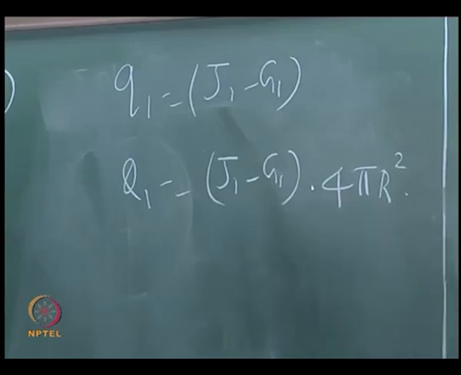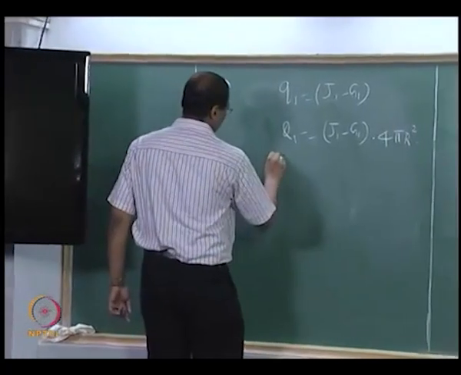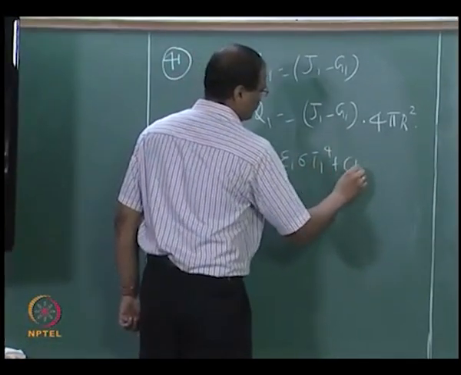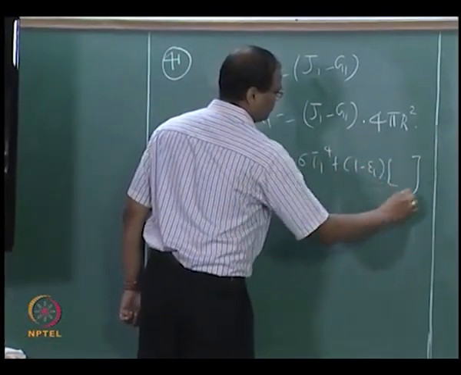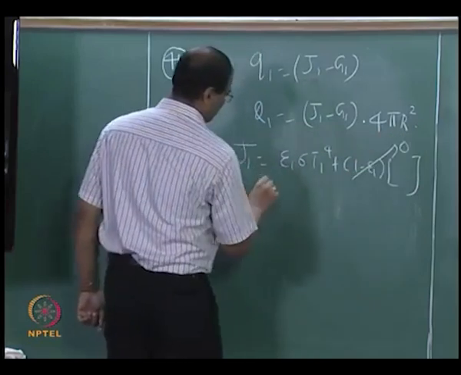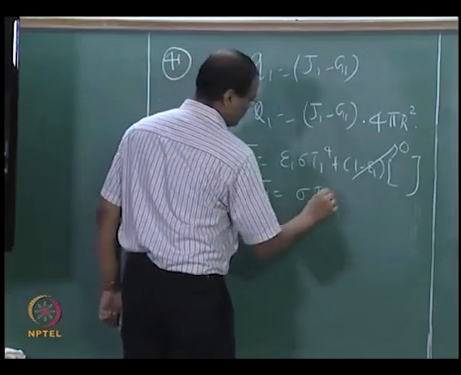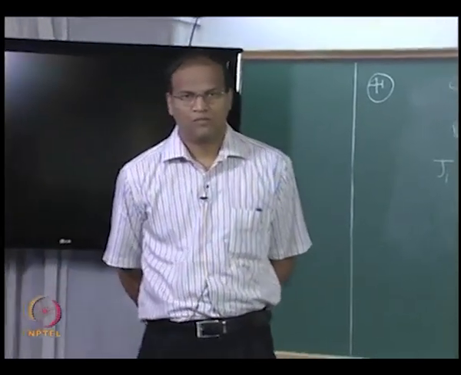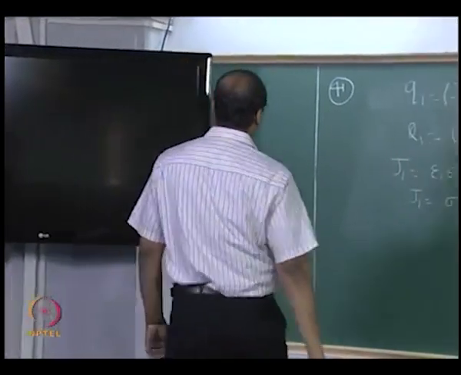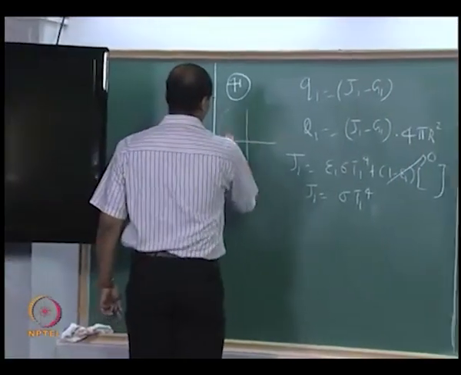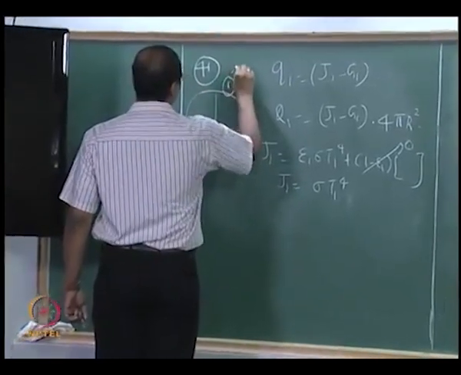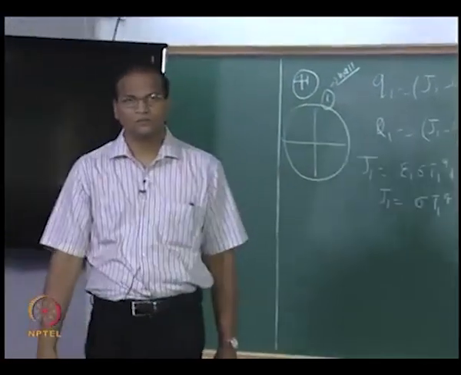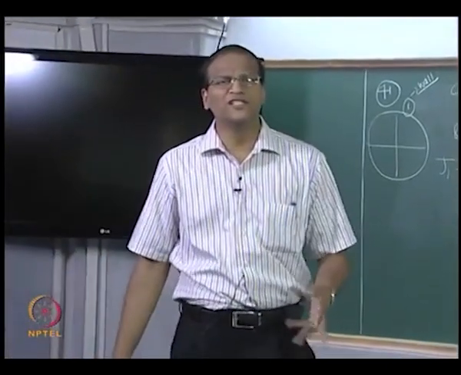Now J1 is easy. One is the wall. There are no two surfaces in this enclosure.